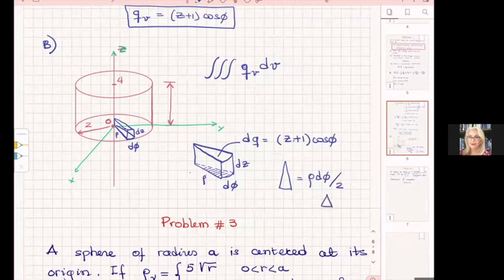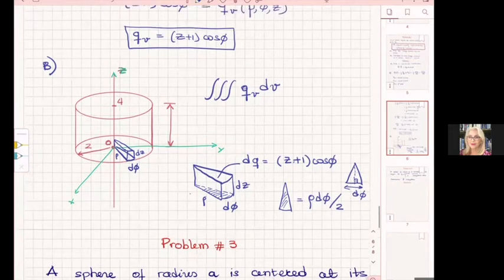Let's assume that you had this triangle here. That was the height, and that is the base, d phi. Now, because it's so narrow, the height and the two sides are about the same. So the area of this triangle is 1/2 the base times the height, which is very close to rho.